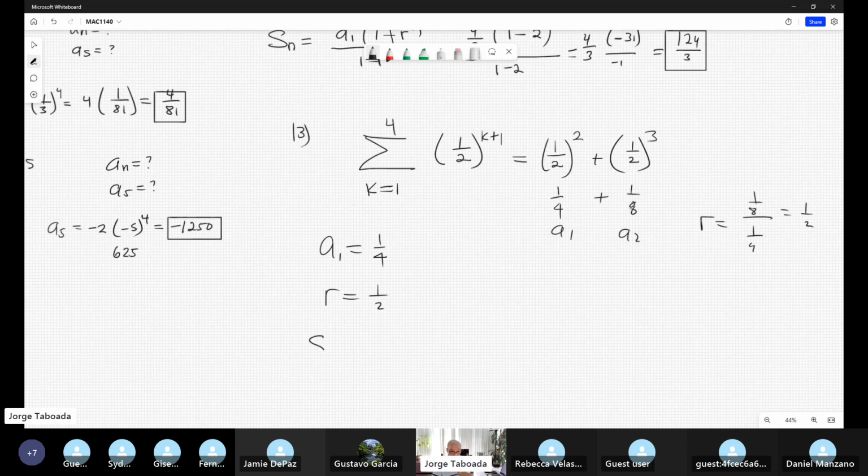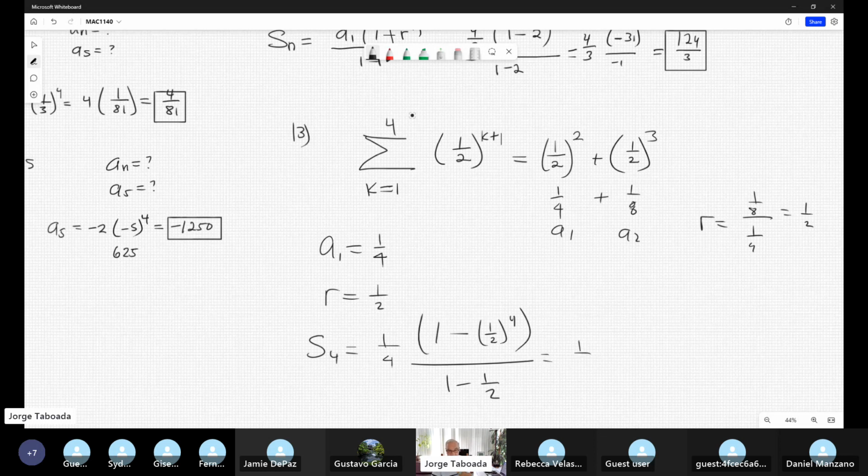Okay, so the summation to the 4th element is 1 over 4, which is A1, times parentheses 1 minus 1/2 raised to the power 4, because n is 4, divided by 1 minus 1/2. So 1 over 4 times 1 minus 1 over 16, divided by 1/2.